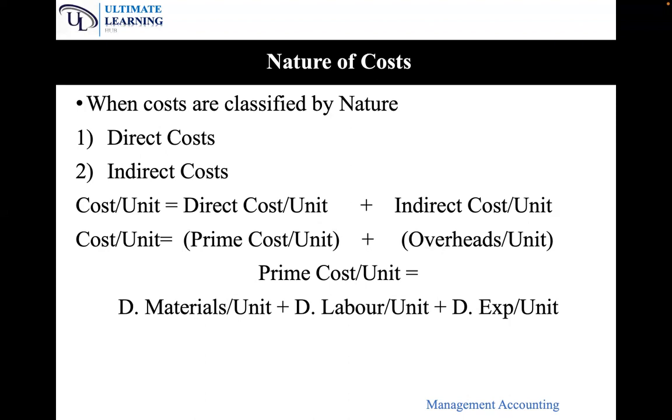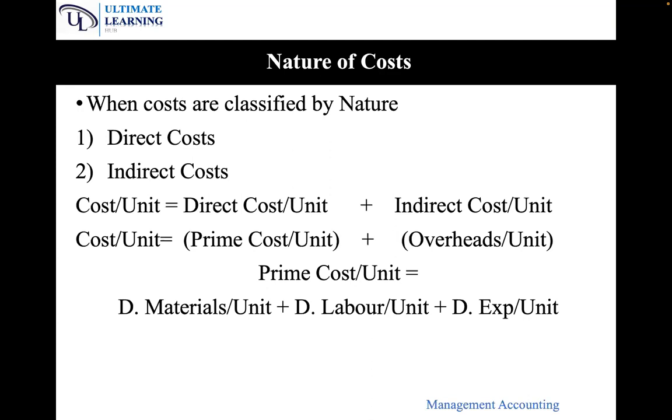Now, in this chapter, we will be classifying costs by their nature. Direct costs are also known as prime costs, and indirect costs are also known as overheads. So note that in activity-based costing, we are classifying costs by their nature.